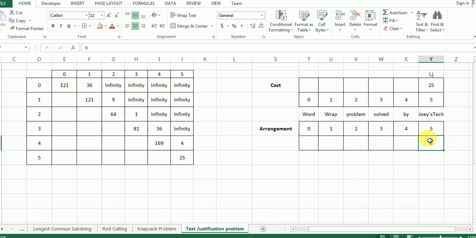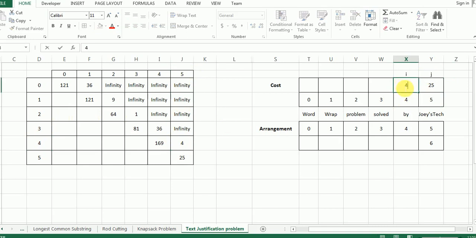Now we move further left, so I move I to the left. Now I is 4 and J is 5. So let's see what is the value. The value over here is 4. I'm going to place 4 over here.